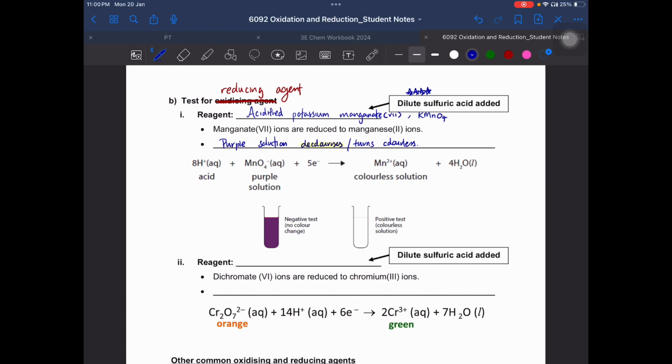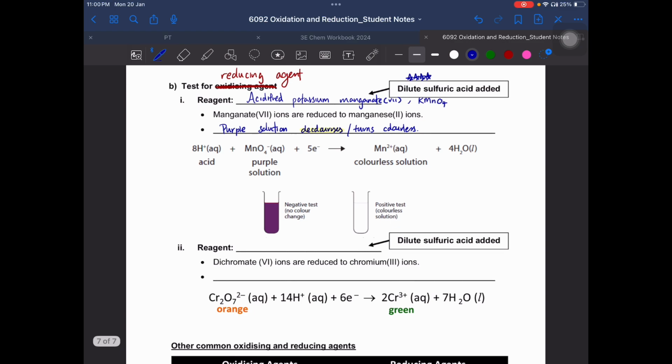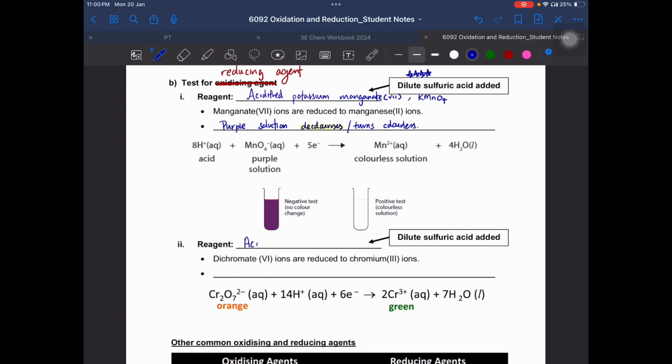The last chemical in terms of testing for reducing agent, pretty similar in terms of name, is called acidified potassium dichromate 6, and it has a formula of K2Cr2O7.